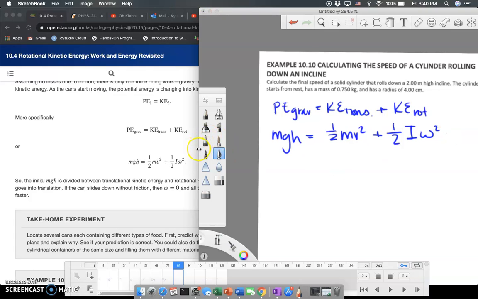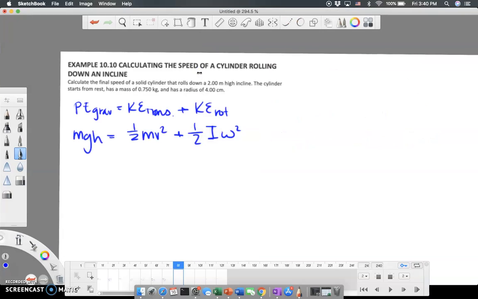So again, we're going to use this idea of conservation of energy to solve for the final speed of the cylinder, and that's going to be this term here. So that's what we're looking for.